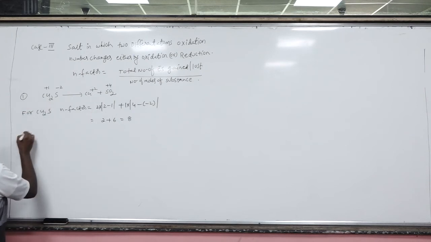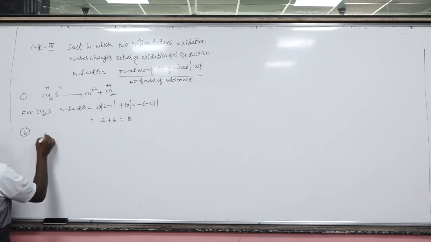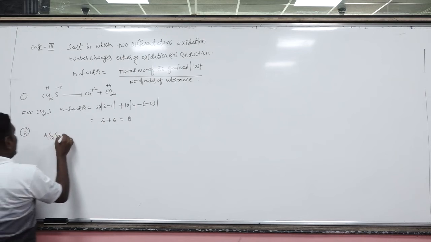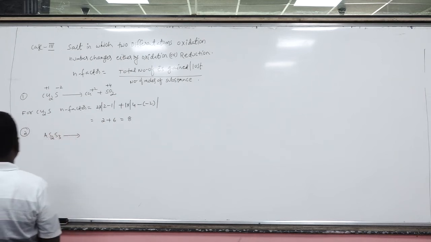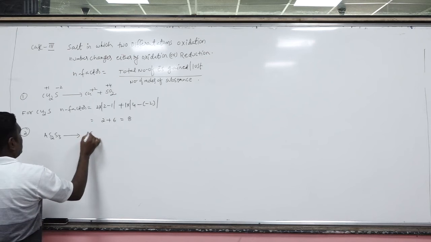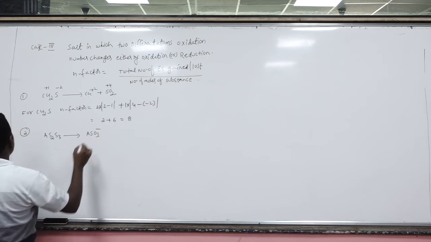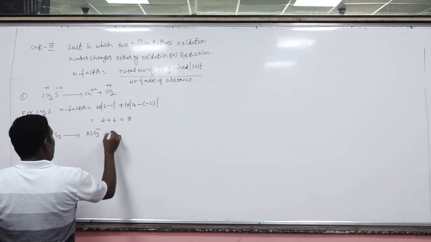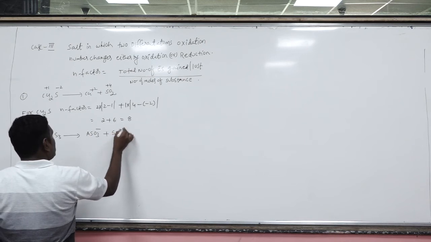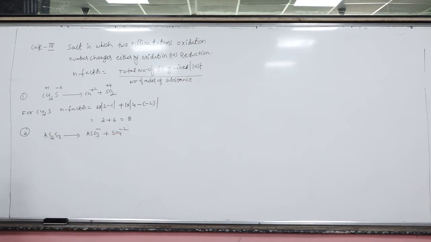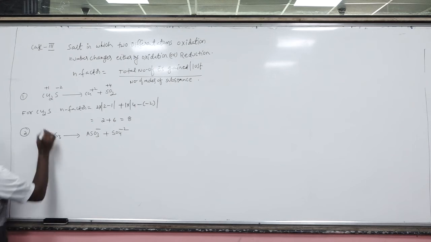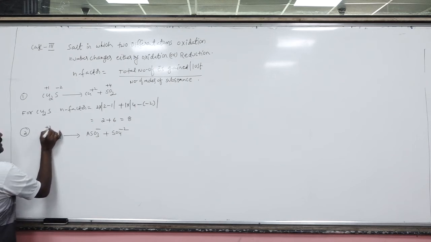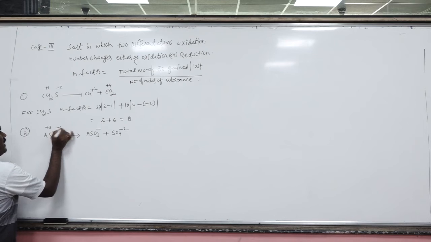Okay? Let's suppose example 2. As2S3 changes into AsO3 minus and SO4 minus 2. As2S3 gives AsO3 minus plus SO4 minus 2. Arsenous sulfide. Here arsenic is plus 3, sulfur minus 2.